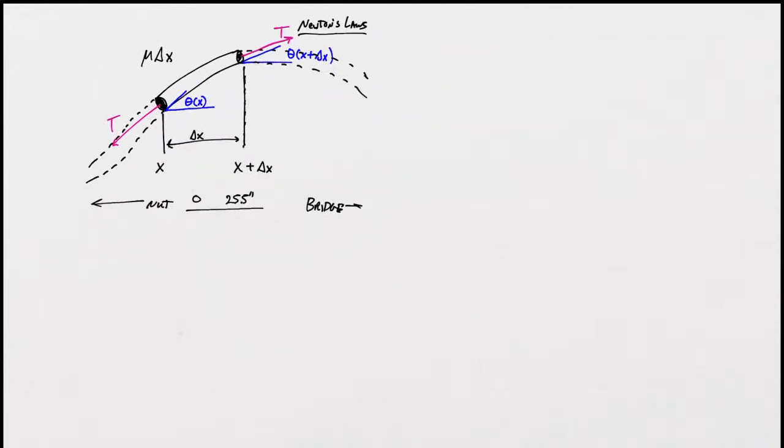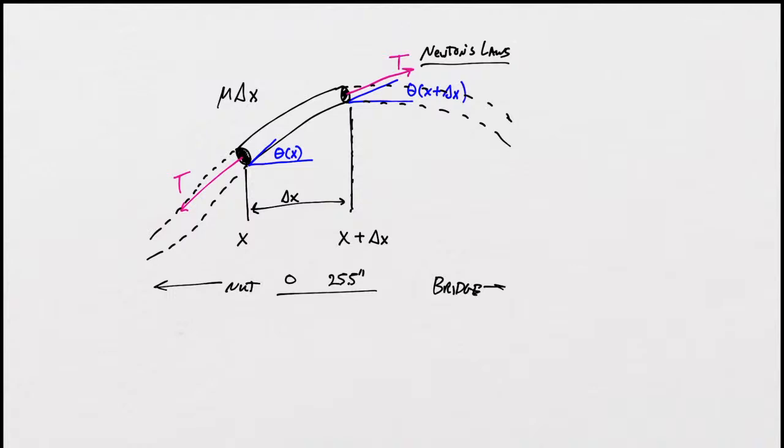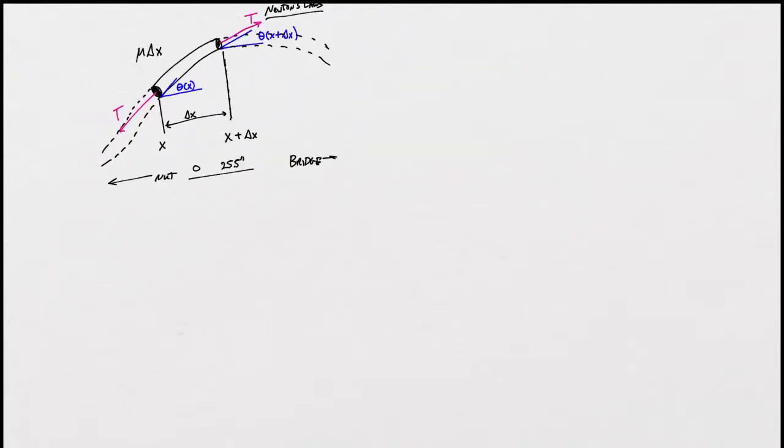Hold on. All right, so now we have everything set up. The setup is good. We've drawn our little piece of string. I'm going to move this setup over here so we can always reference it, right?